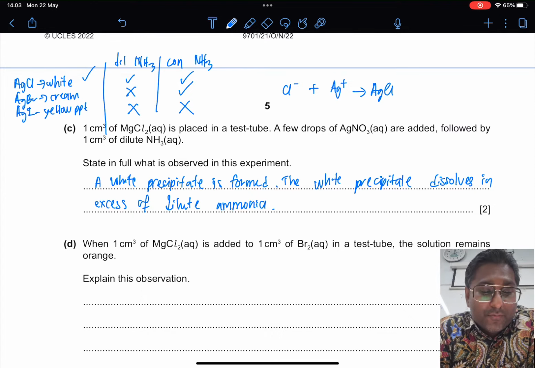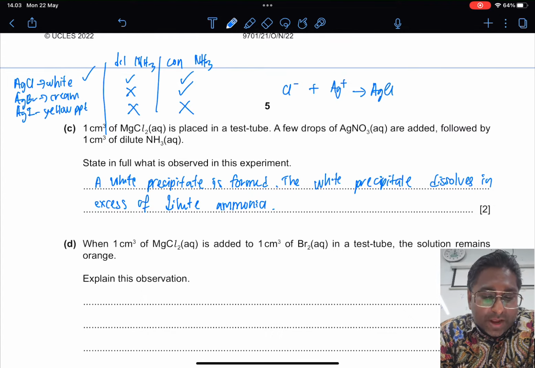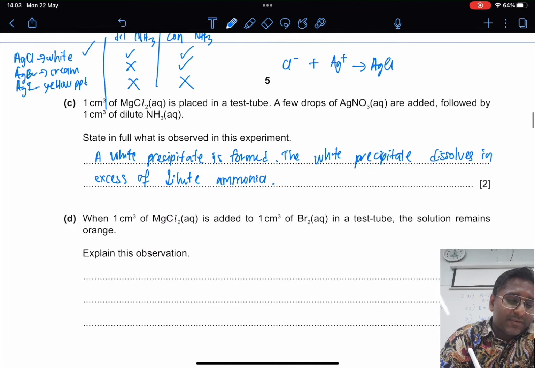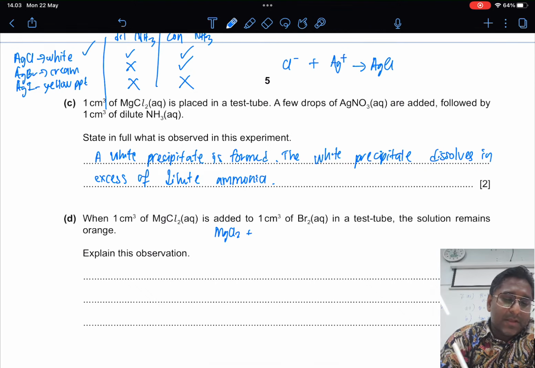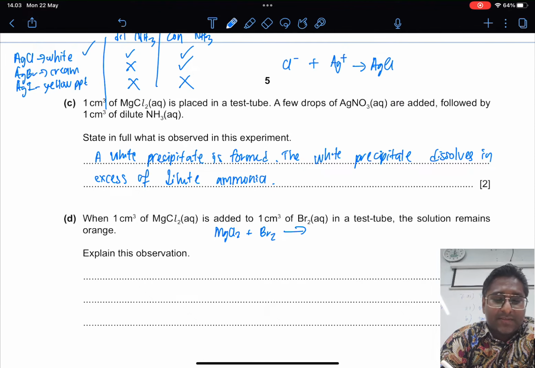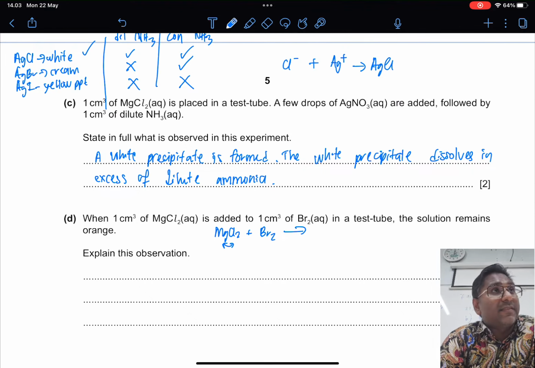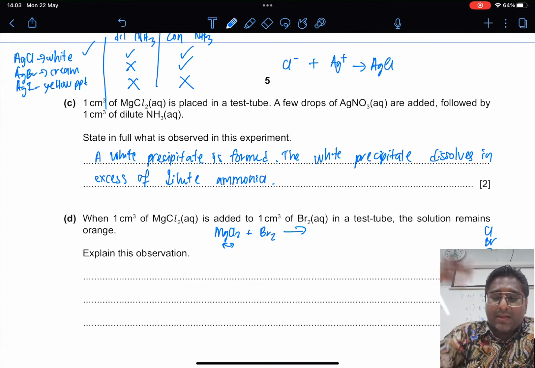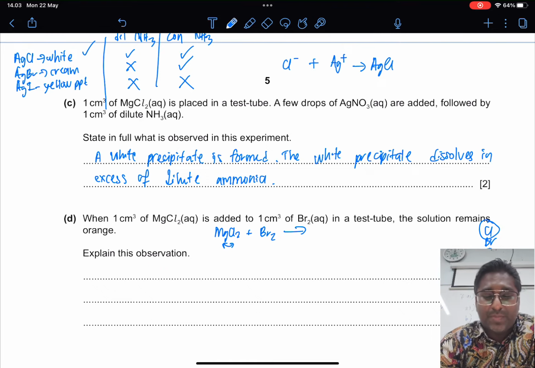Now, when a 1 cm cube of magnesium chloride is added to Br2 in a test tube, the solution remains orange. So it means MgCl2 plus Br2. We are trying to see whether Br2 can displace Cl. If you look at the reactivity series, Cl is more reactive, at a higher position compared to Br.